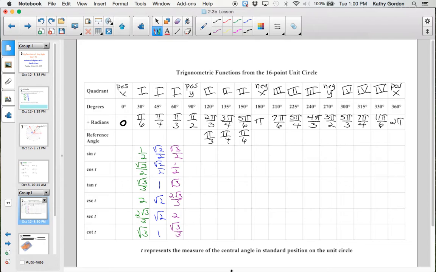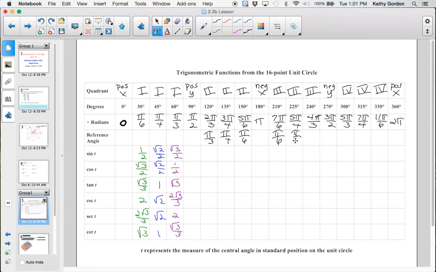So I can keep going here. 7 pi over 6, what do you guess that the reference angle is going to be? Negative pi over 6? Nope. Don't overthink it. 7 pi over 6, what's the reference angle? Pi over 6. 5 pi over 4, what's the reference angle?